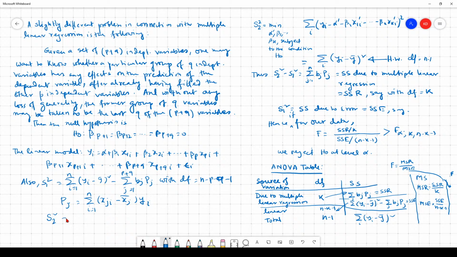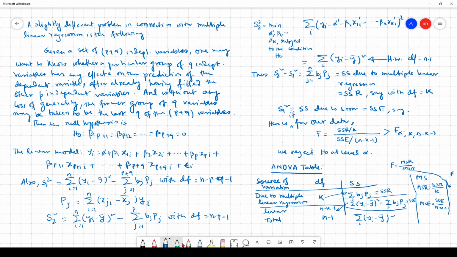And similarly, you can define S2 square, which is the sum over i from 1 to n of y i minus y bar whole square, minus the sum over j from 1 to p of b j P j, since this is under H naught, with degrees of freedom n minus p minus 1.